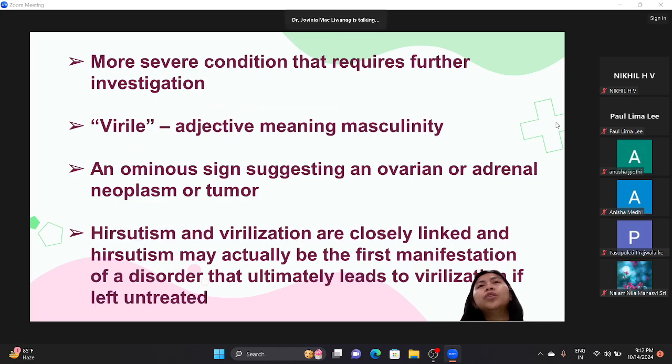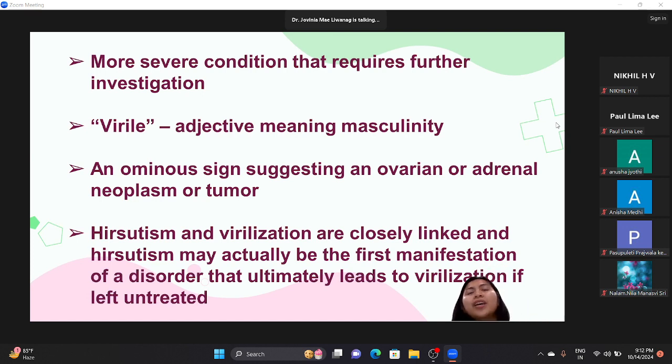So virilization is a more severe condition that requires further evaluation. From the root word viril, an adjective meaning masculinity. It is an ominous sign suggesting an ovarian or adrenal neoplasm or tumor. So if you see a patient with virilization, it's a sign of ovarian or adrenal tumor or malignancy.